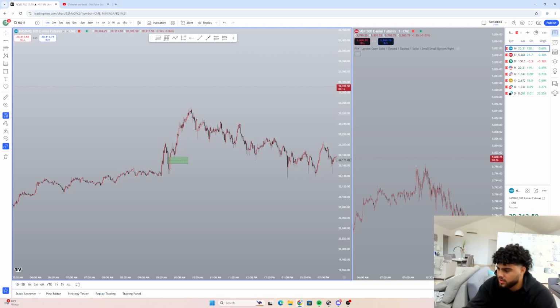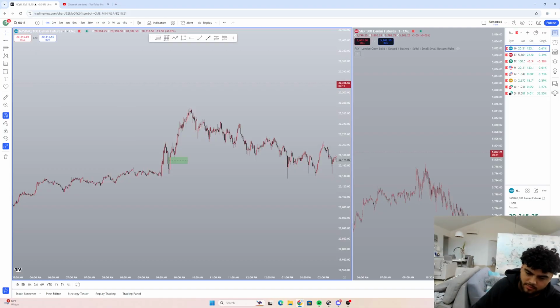Do you ever TP on an NQ trade when ES hits a draw? Yes. So the time recently when ES took all-time highs and NQ didn't, I took profit because I was holding for that. So I was in on NQ, and then I didn't have a set take profit on NQ because I was waiting for ES to take all-time highs. But it's very rare that happens, for sure.